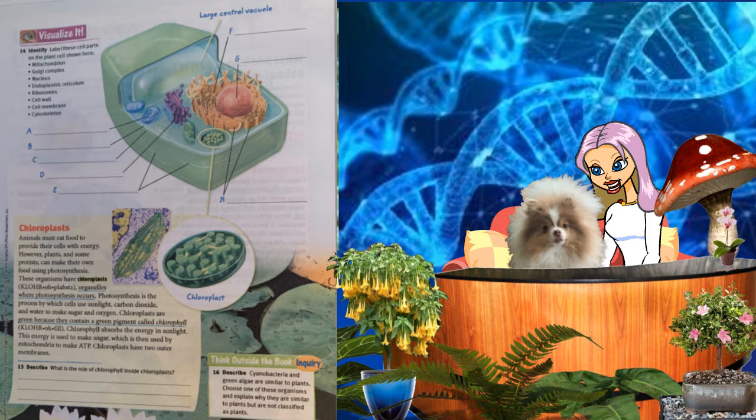Important fact, chloroplasts are green because they contain a green pigment called chlorophyll. Chlorophyll absorbs the energy in sunlight. The energy is used to make sugar, which is then used by the mitochondria to make ATP. Chloroplasts have two outer membranes.